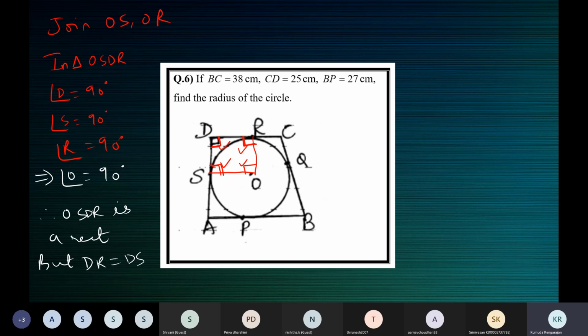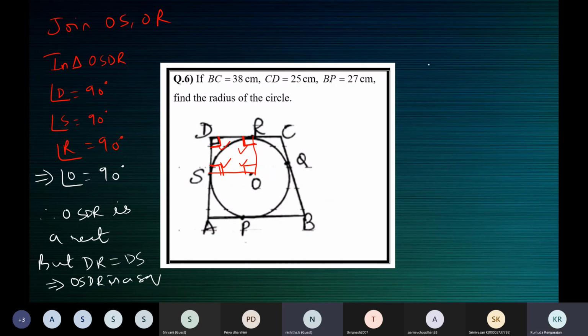Any one of the two you can mention. So DR is equal to DS, meaning adjacent sides are equal. Already opposite sides are equal. Now when adjacent sides are equal, that means all the sides are equal. So OSDR is a square.